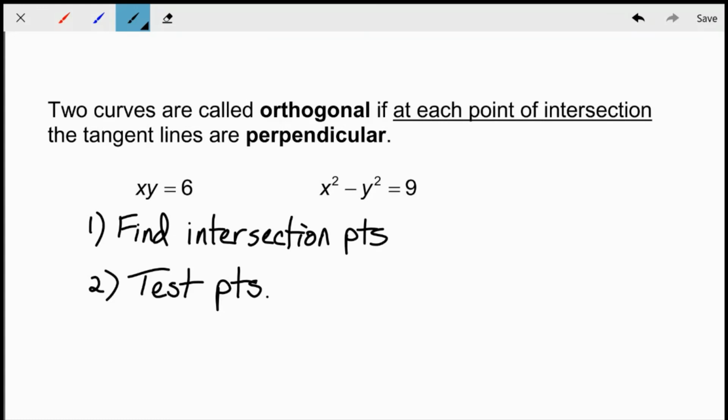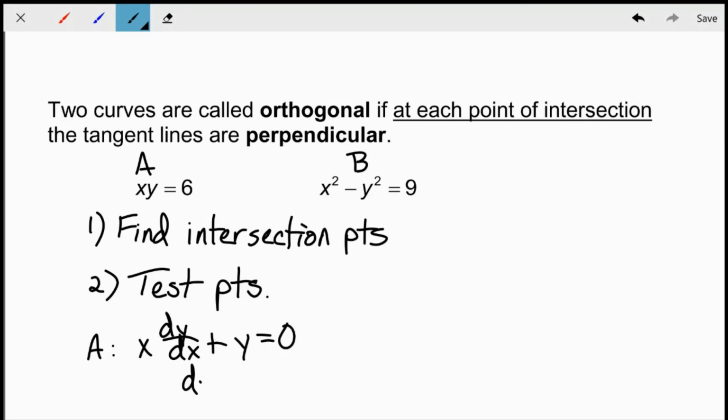But let's go through. I'll just call this equation A and this equation B. So for A, when I take the derivative of xy = 6, I'm just going to take it implicitly. So that's going to give me x dy/dx plus, the derivative of x is 1, so y is equal to 0.